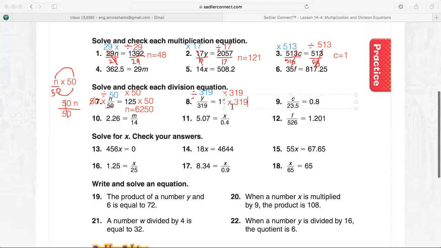So 11 multiplied by 319. And on the other side, I'm going to multiply y over 319 by 319, but there is no place and the font is big and I cannot make it small. So it should be written here. Okay, girls? I will write it for you here.